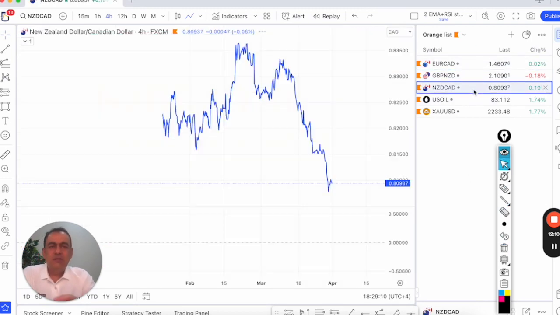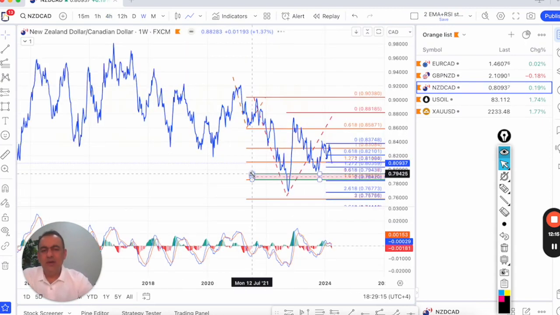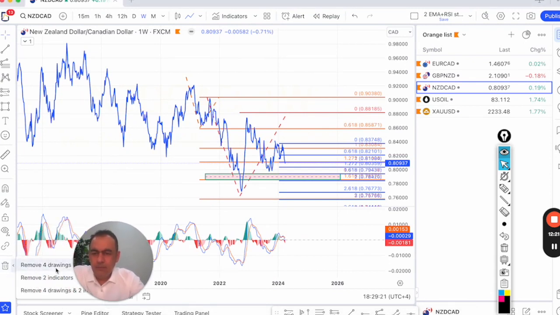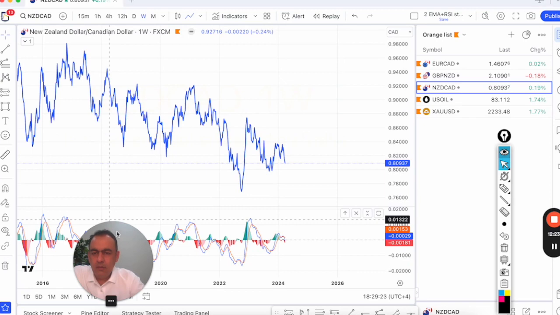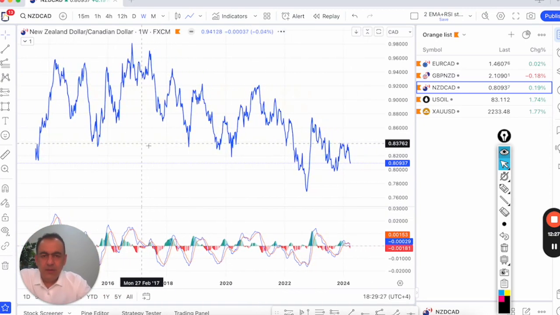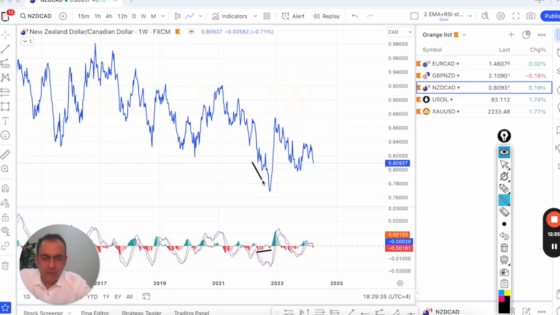And the next currency pair is New Zealand CAD, starting from the higher time frame. Now here, based on the higher time frame, I'm talking about weekly here. If you notice, we had bullish divergence in the past.